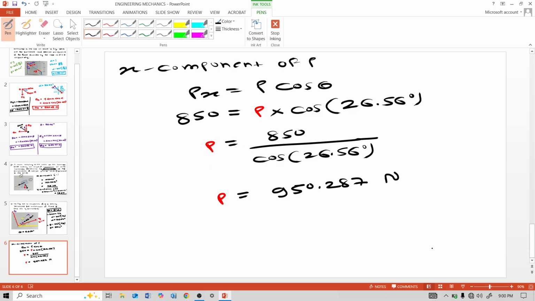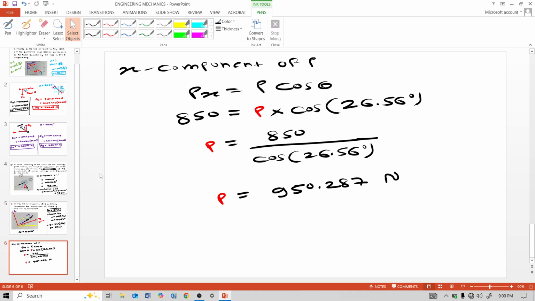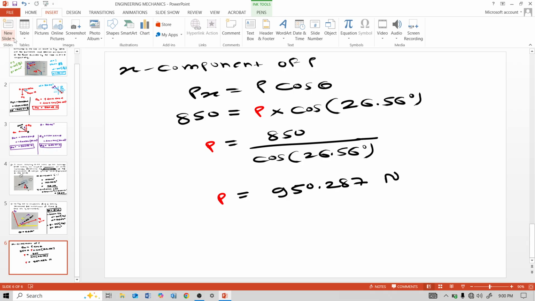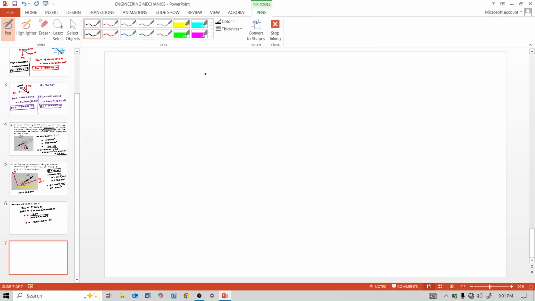Now move towards our second objective, this Py component. This Py component is equal to P sine of theta.